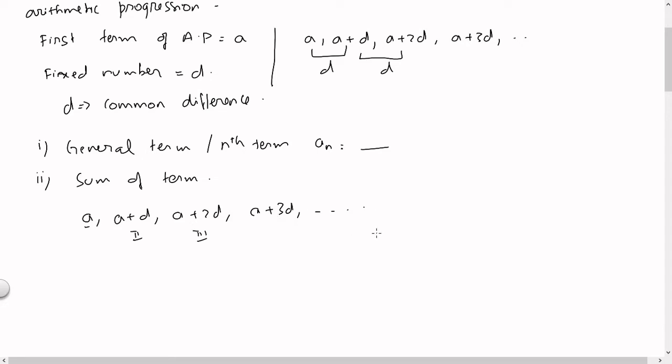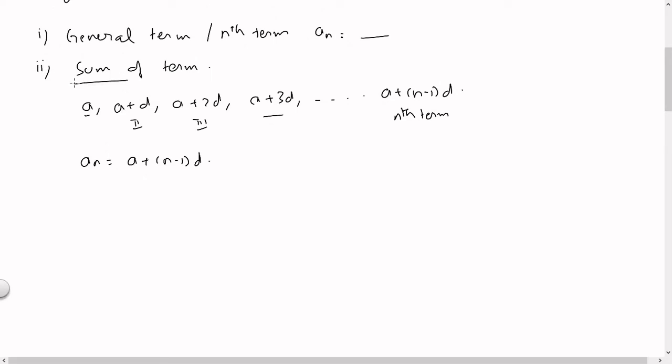So what would be the nth term? If the fourth term is A plus 3D, then the nth term will be A plus n minus 1 into D. So we will write that as an is equal to A plus n minus 1 into D, where D is the common difference, A is the first term, and n is the index of the term which we have to determine.